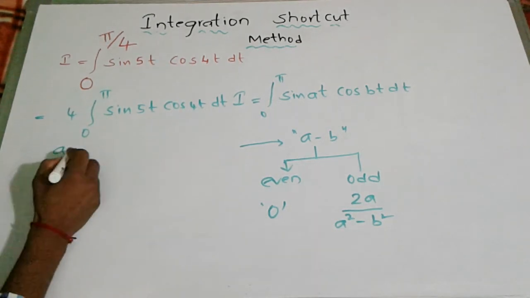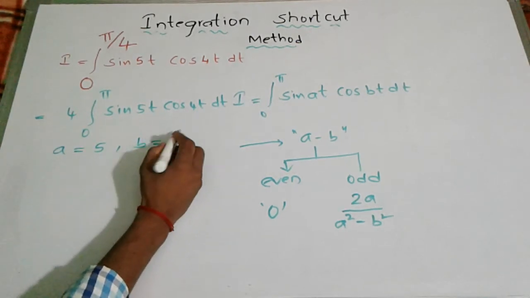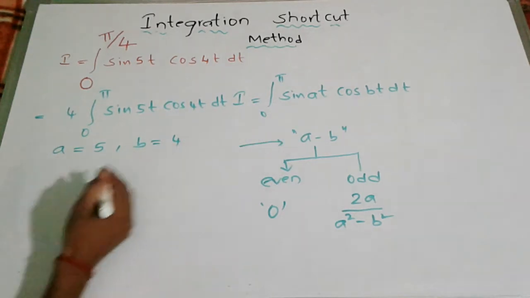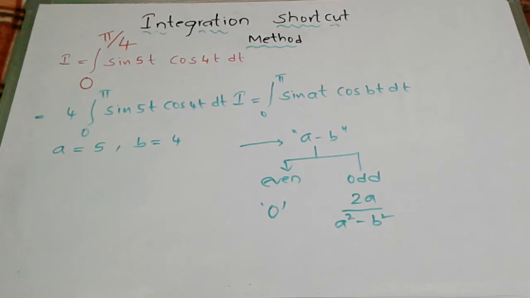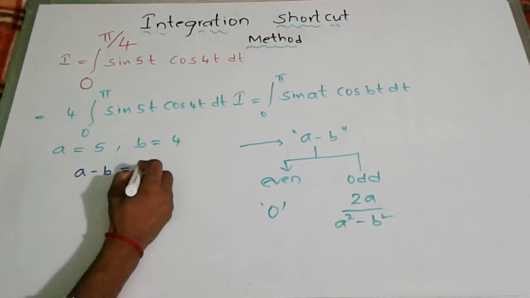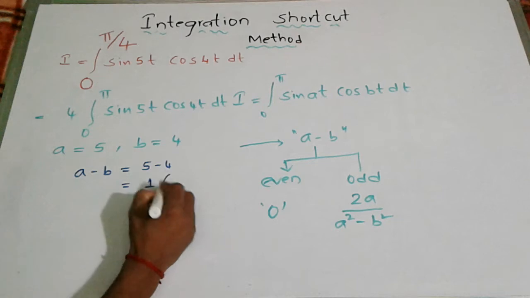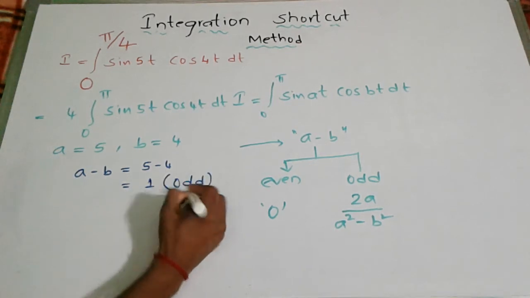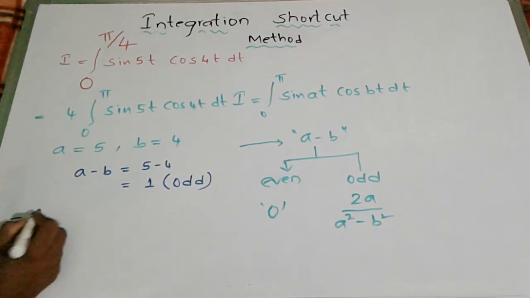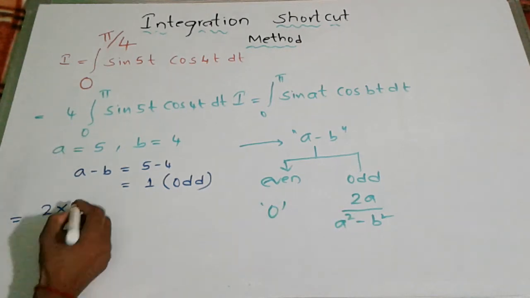So here the value of a we have is 5 and the value of b is 4. So the condition is this, right? For that I am doing a minus b, which equals 5 minus 4, which is 1. So this is odd, right? So we have to go with this: 2 multiplied by a, the value of a is 5, right?